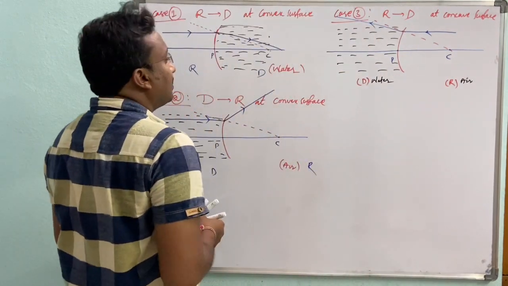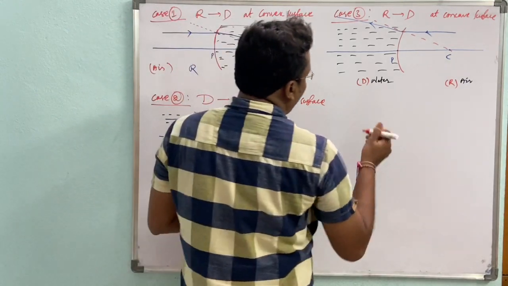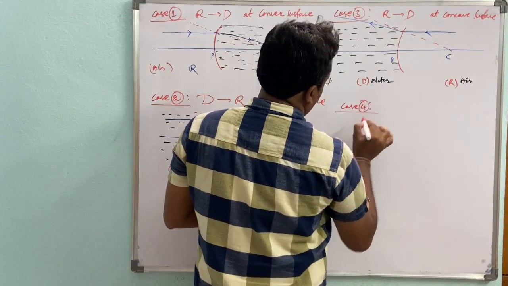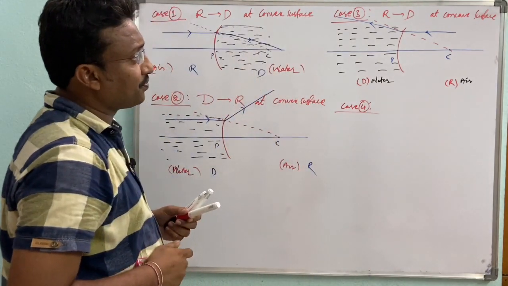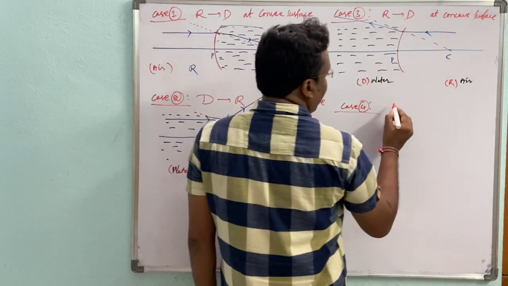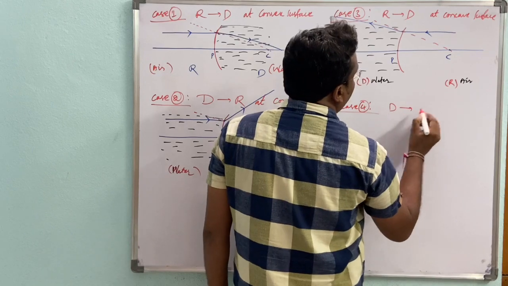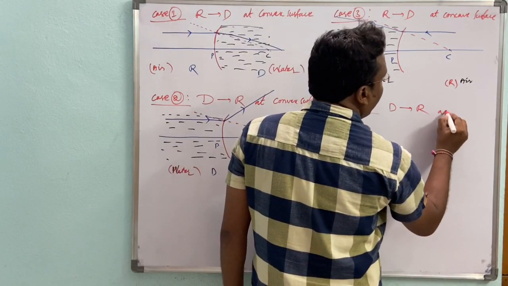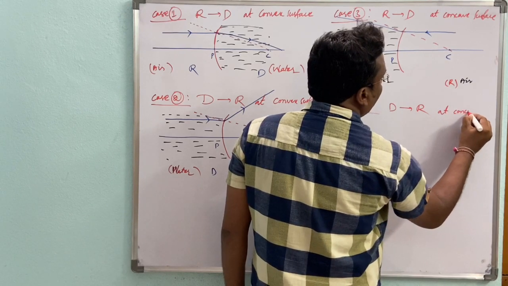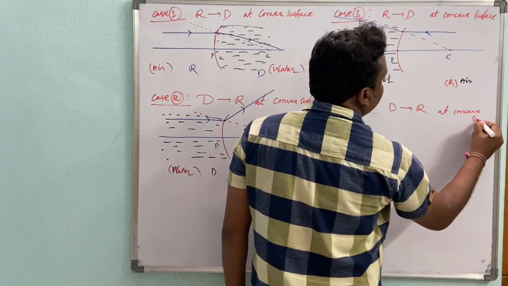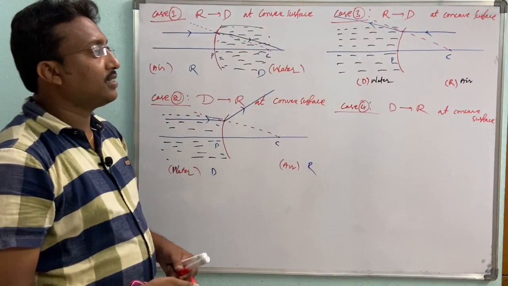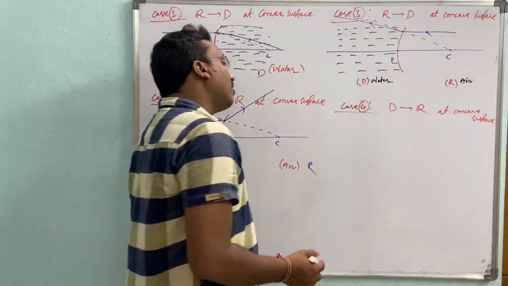That was case three. In the fourth case, next is denser to rarer, the same at a concave surface. At a concave surface, denser to rarer at a concave surface.